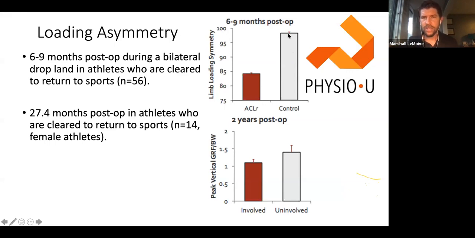So the controls, right, the one leg they chose was almost 100% compared to the other leg versus your ACL population, right? They're only at 85% loading compared to the other leg, right? And so we can say, all right, 6 to 9 months, still got some work to do. Here, over 2 years later, right, they're still not necessarily as equal compared to the involved. It's closer, but there's still a difference 2 years later.